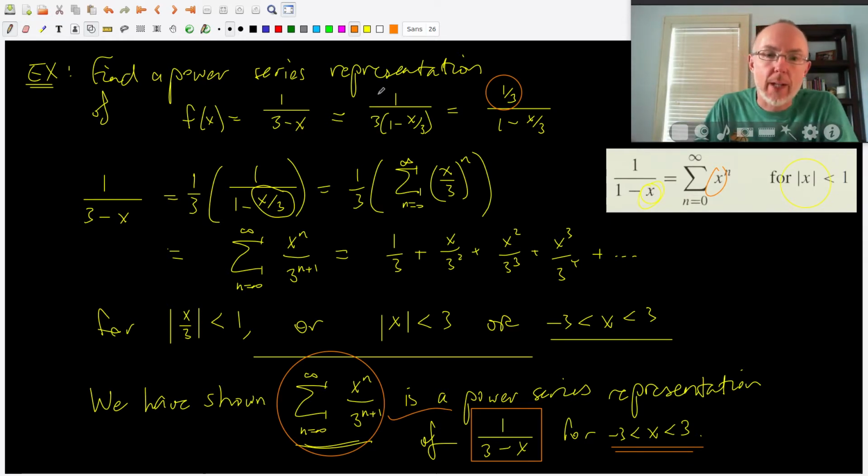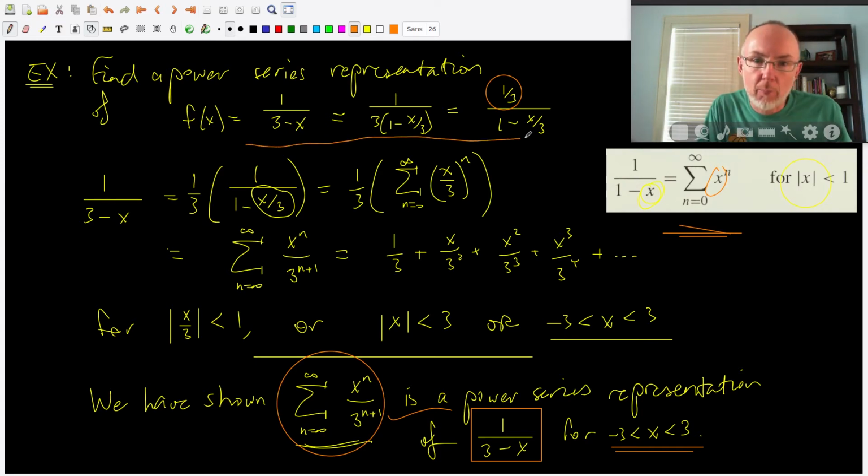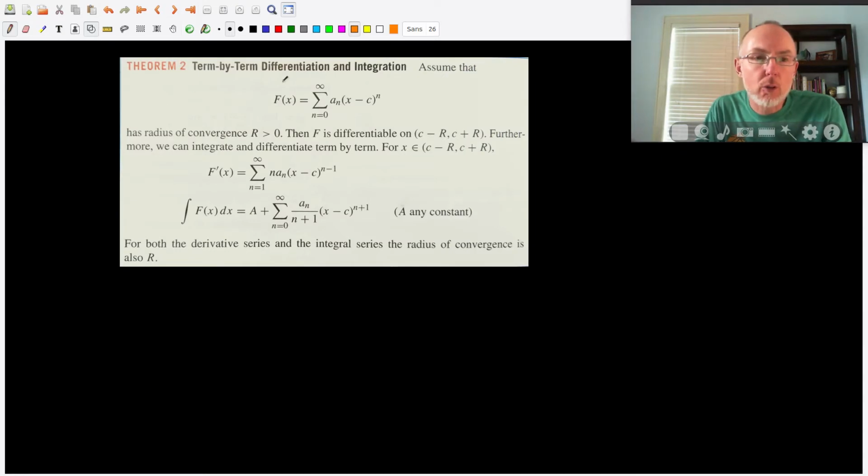So we've seen a few examples here where we've taken this geometric model and we've used it. That's a pretty special situation where you can directly relate it to that geometric sum formula. Let's stretch this a little and talk about Theorem 2, which talks about the ability to differentiate and integrate term by term.